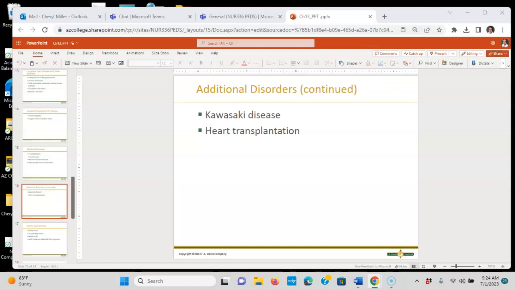So BP is taken in either the left or right leg or arm. Blood pressures measure from 50 to 75 systolic and 30 to 45 diastolic, which freaks people out. And then in older children, you just use the minimum systolic is 70 plus 2 times their age in years.